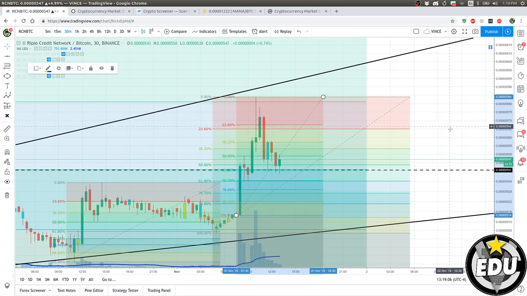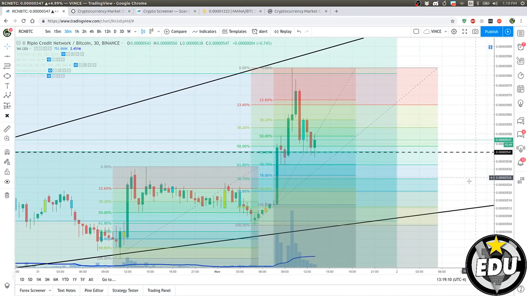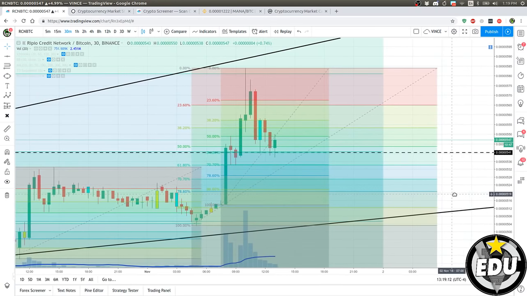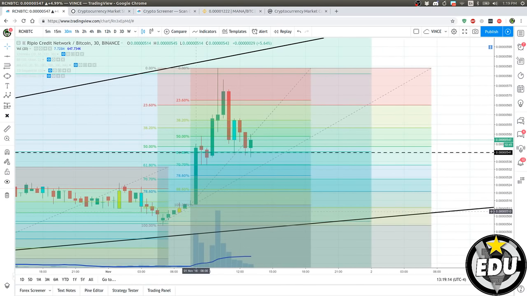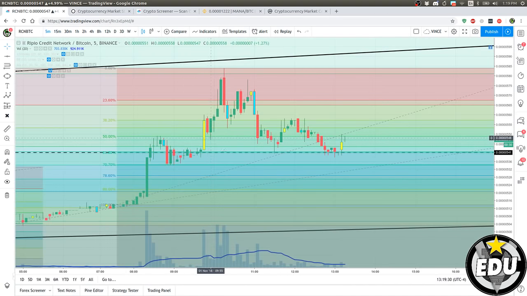The reason I wanted to show this though is more to compare to RLC. What you did for RLC is you fibbed just that last section, using those two candles, on the 5 minute time frame.